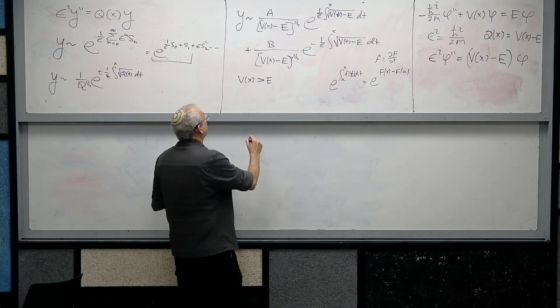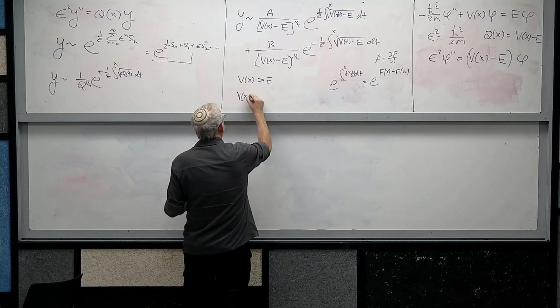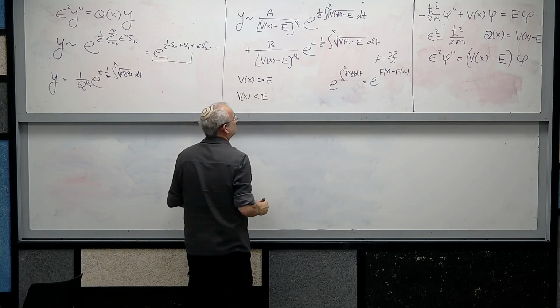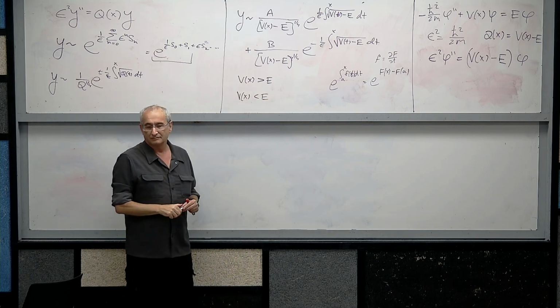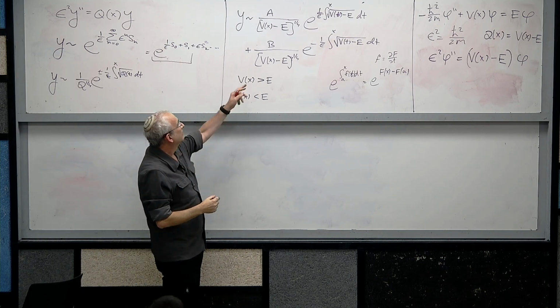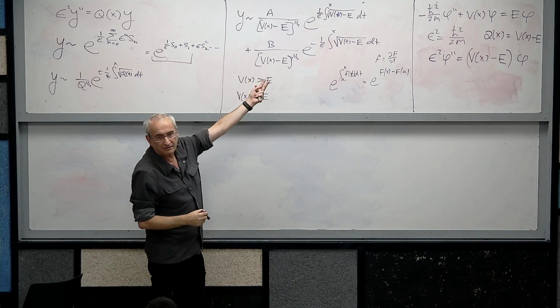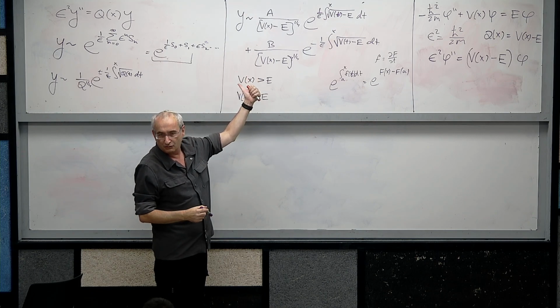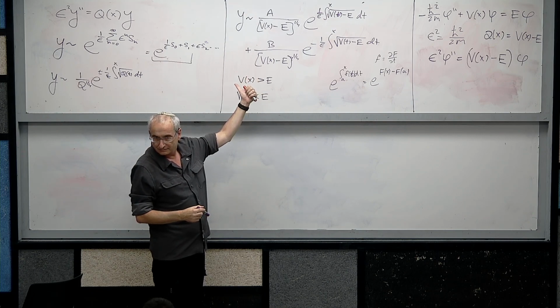What are we going to do if V of x is smaller than E? You just get complex results in the integral. Exactly. If V of x is smaller than E, then we can invert these and put an i outside. And because it's a complex wave function, that's fine.